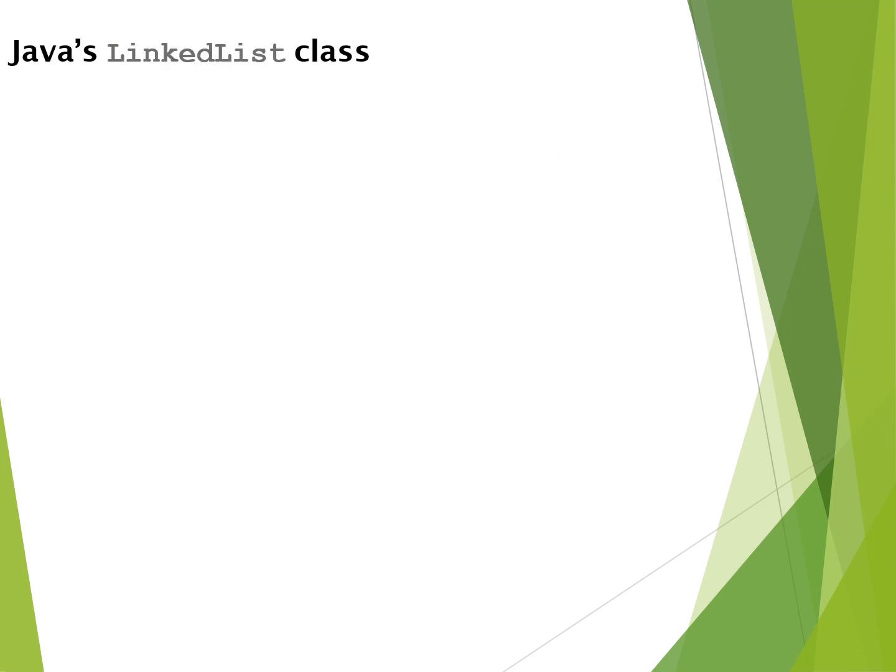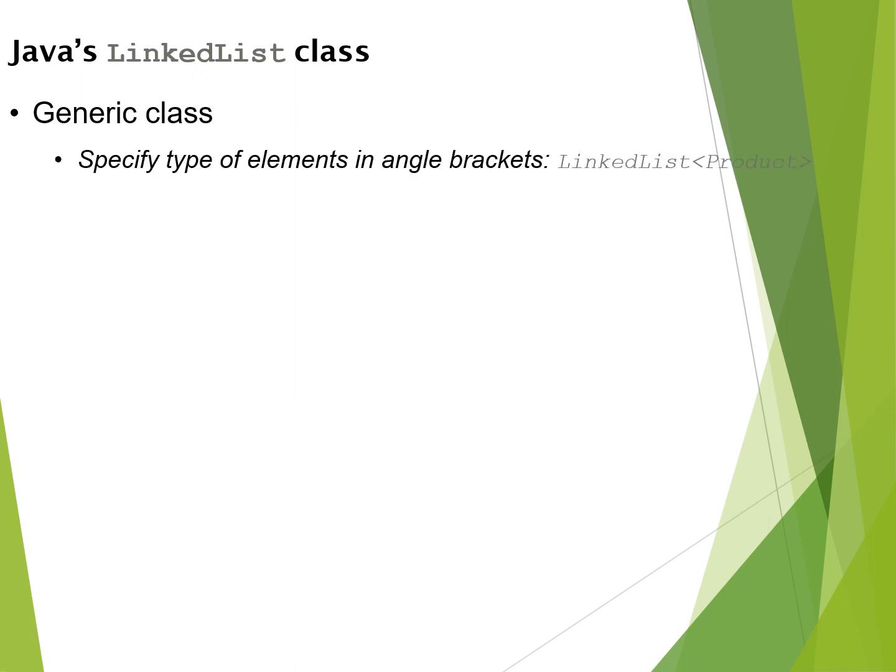So let's take a closer look at the linked list class in Java. First of all, the linked list class is a generic class. What does it mean? It means that you can specify the type of elements in angle brackets. How?